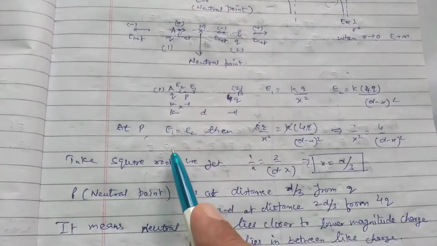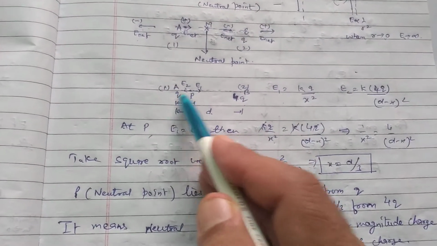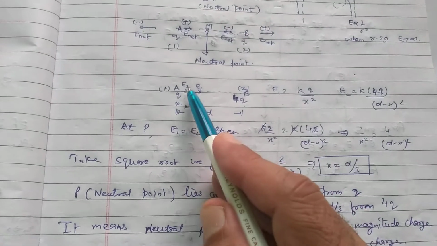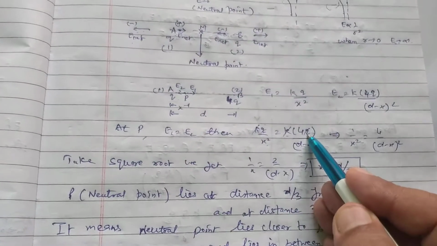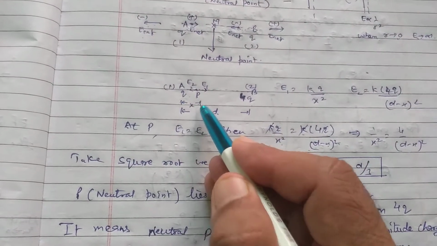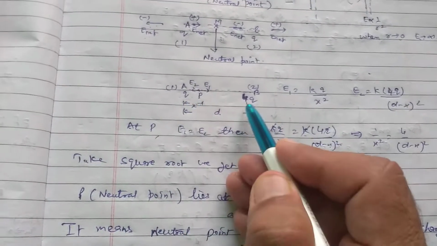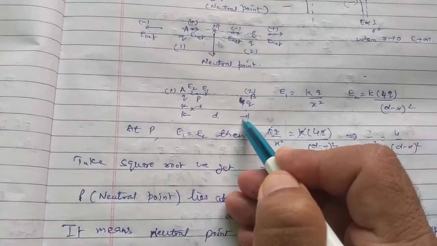So E1 equals kQ by x squared, because I am taking this distance as x. And E2 is k times 4Q upon (d minus x) squared, because this distance is d minus x, as the distance between Q and 4Q is d.